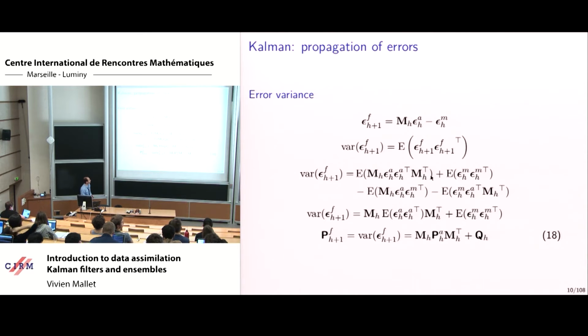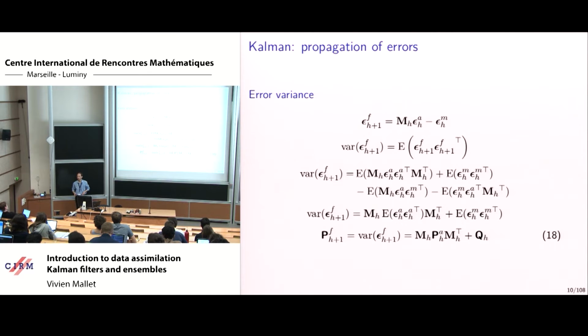You have two remaining terms: the model times the analysis error variance times M transpose, plus the model error variance. So the error variance of the forecast is the error variance of the analysis transported by the model this way, plus the variance of the model error.